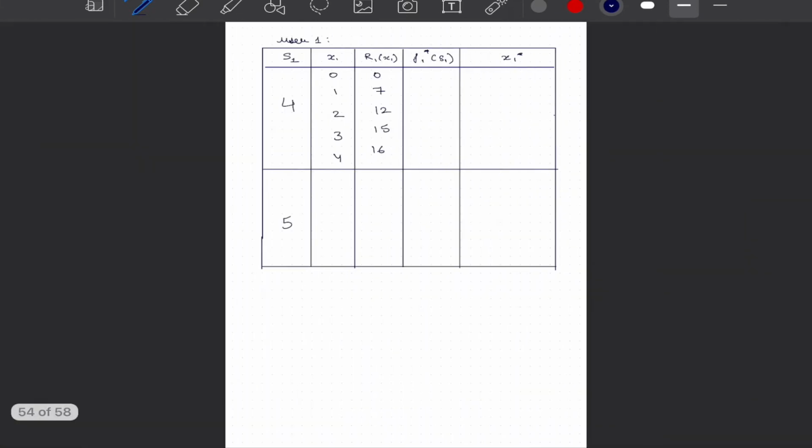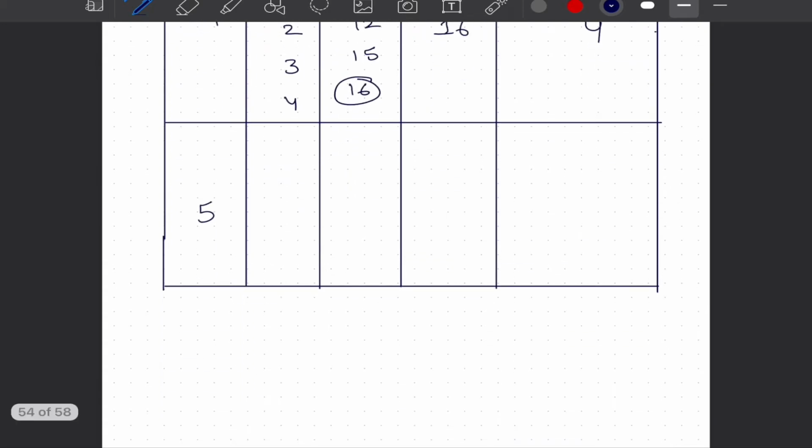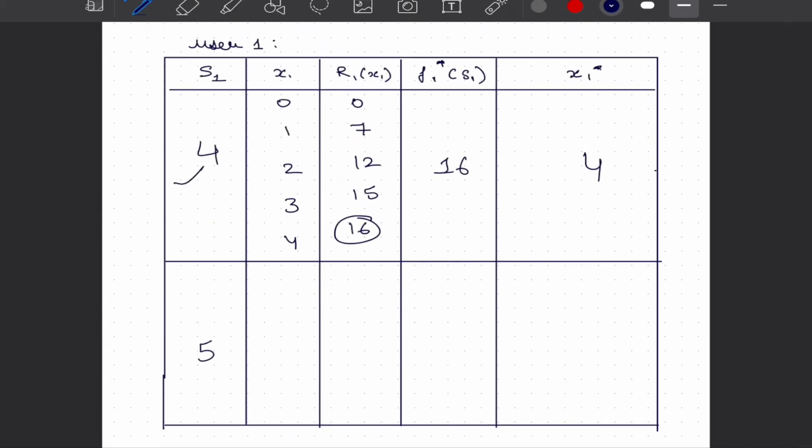So our x1 could be 0, 1, 2, 3, 4, and here returns are going to be 0, 7, 12, 15, 16, and again all these returns I am reading from the first tableau that I also recommended to draw on a piece of paper separately during our live interaction.